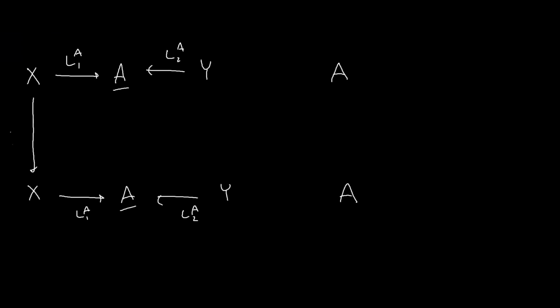Then we can select the identity morphism in this new category CX,Y to be the thing whose underline is the actual identity morphism from A underline to A underline.